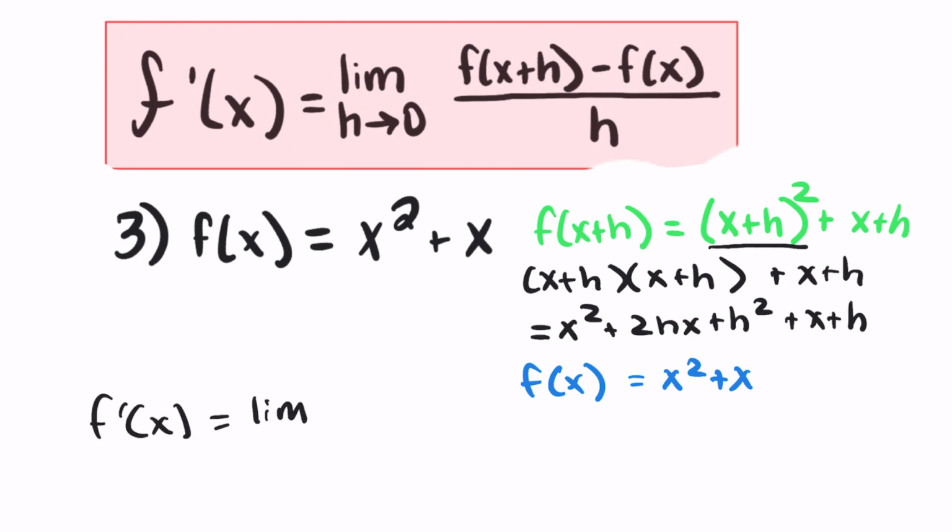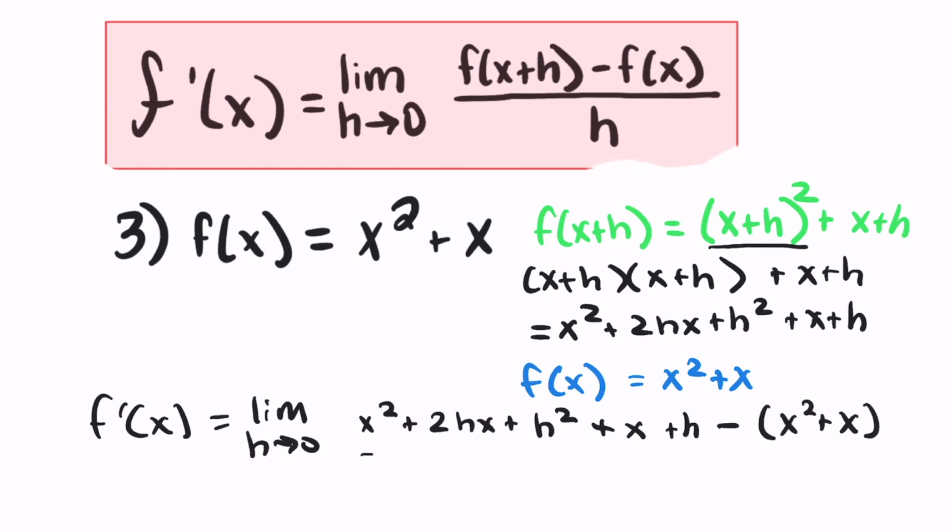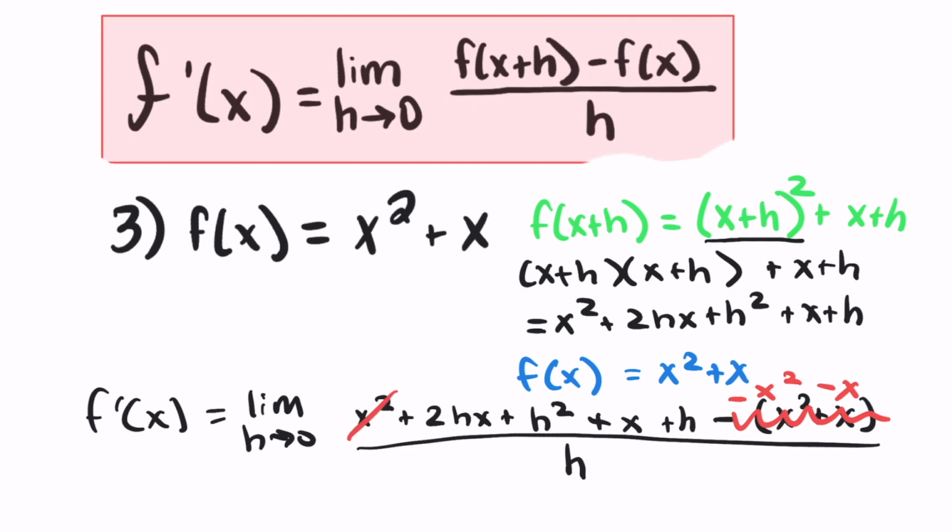So plugging all that in, then we can cancel out these x squareds, we can cancel out an x, and we're left with this.